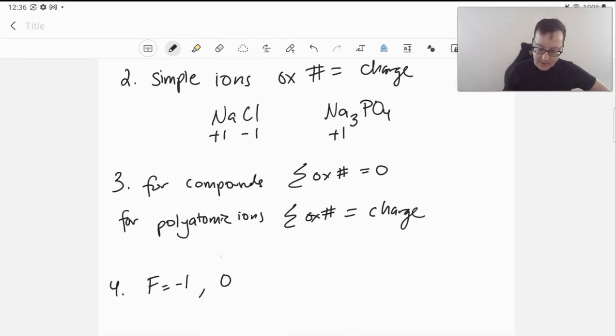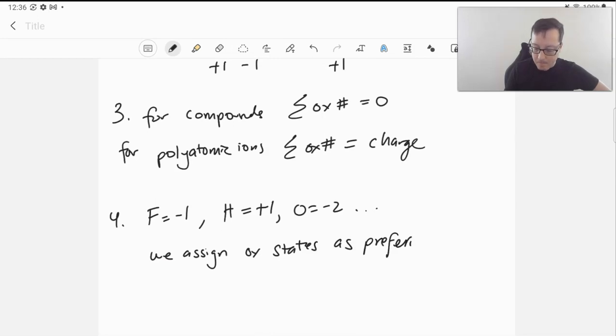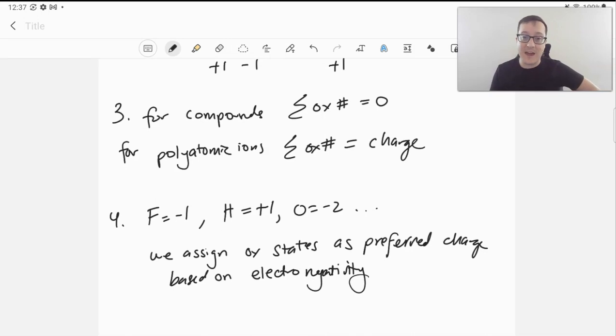Fluorine is -1, hydrogen is +1, oxygen is -2, and then dot dot dot. The dots are there to remind us that we assign oxidation states as preferred charges, preferred charge based on electronegativity. So the more electronegative atom will get its preferred charge.